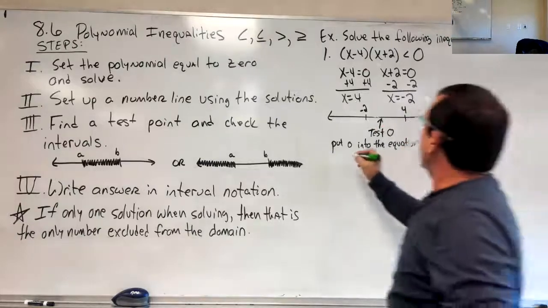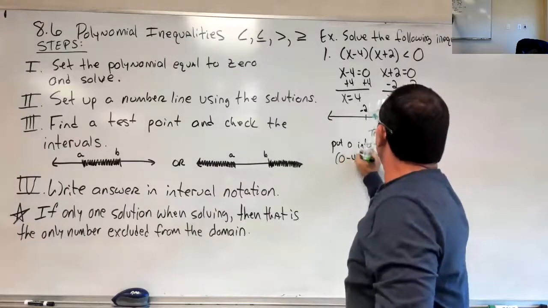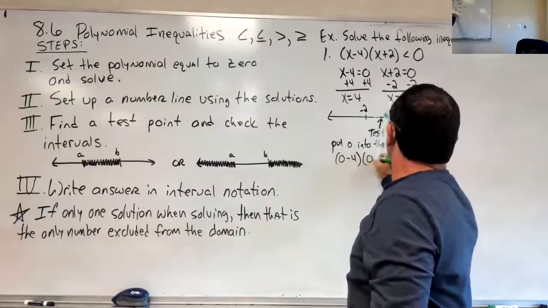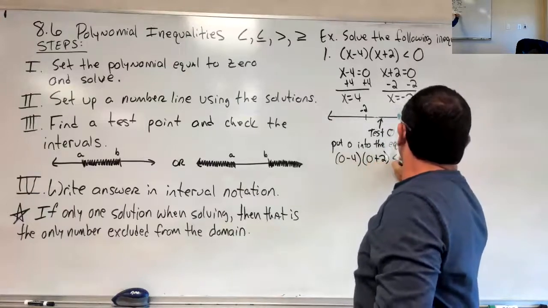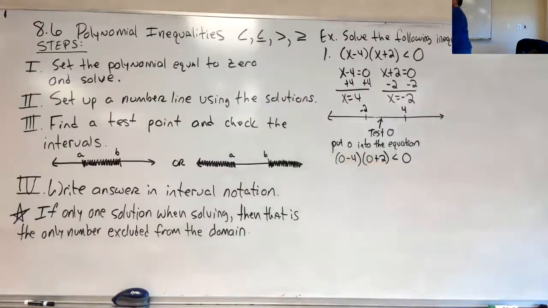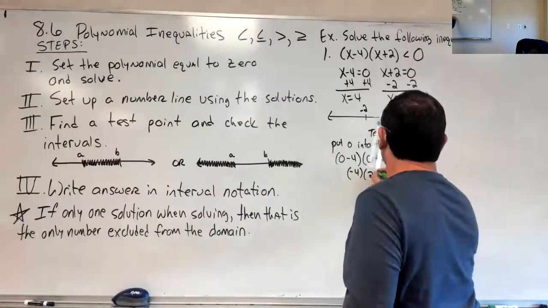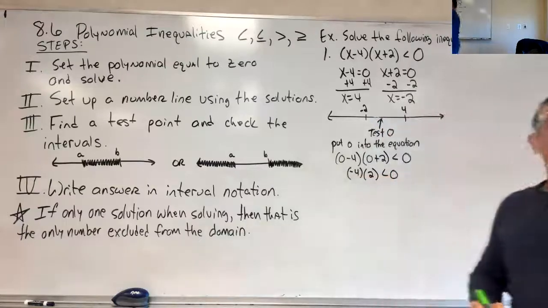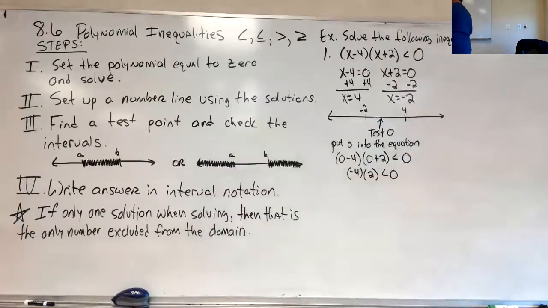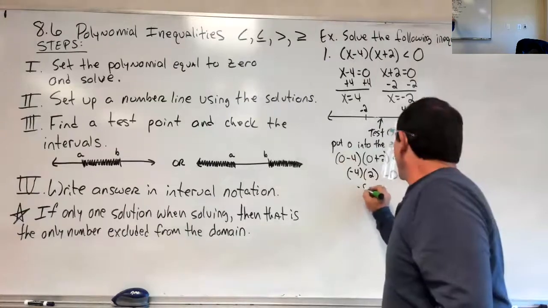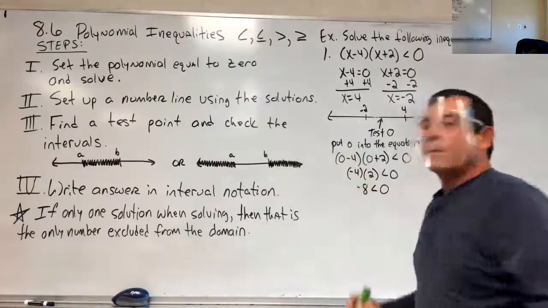So if I do that, I'll have 0 minus 4 times 0 plus 2 has to be less than 0. So is that true or false? Let's see, what do we get? A negative 4 times a 2 less than 0. So that'd be what, a negative 8 less than 0.